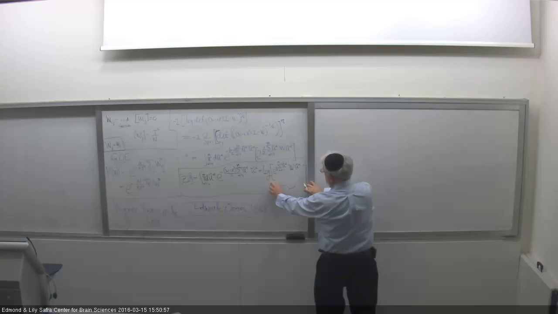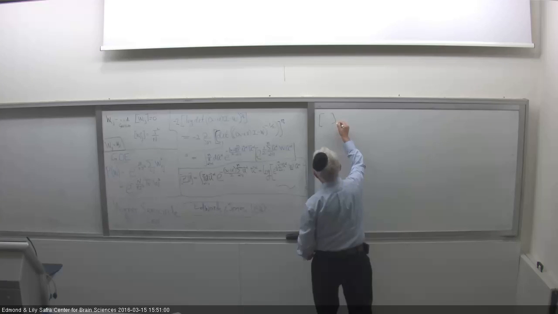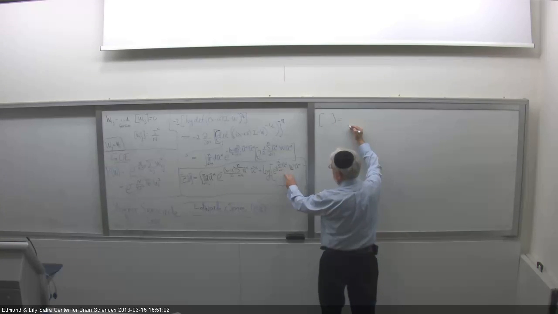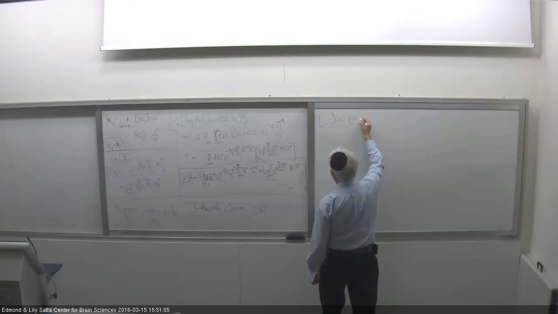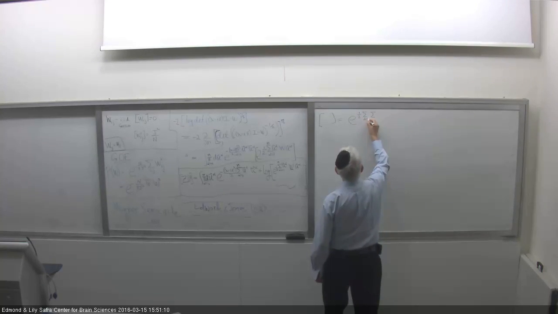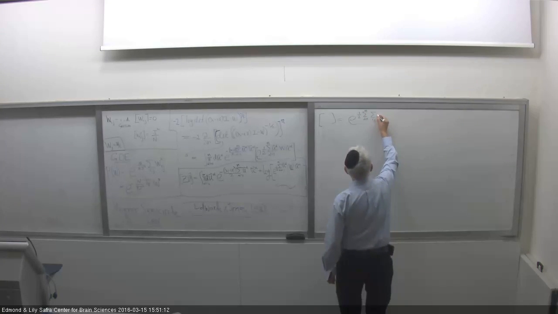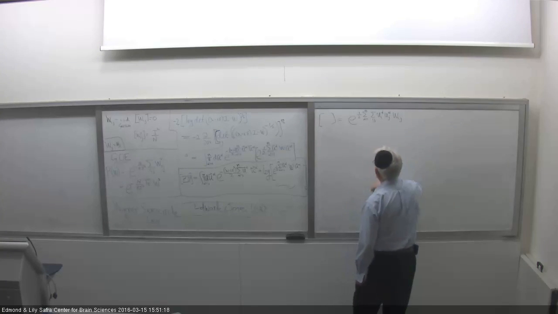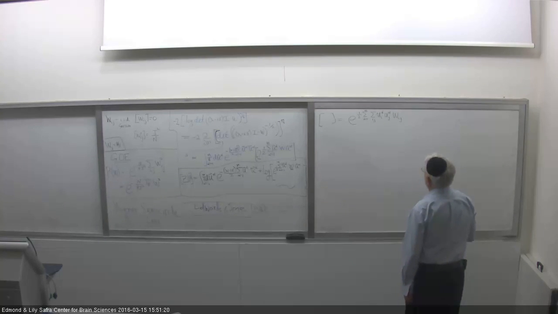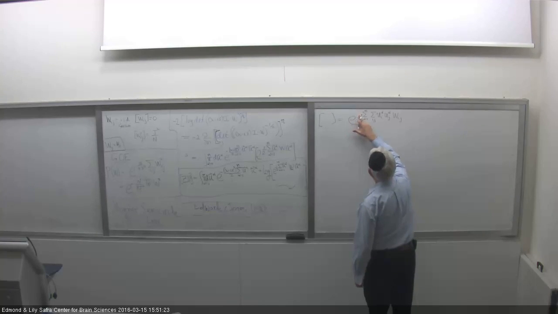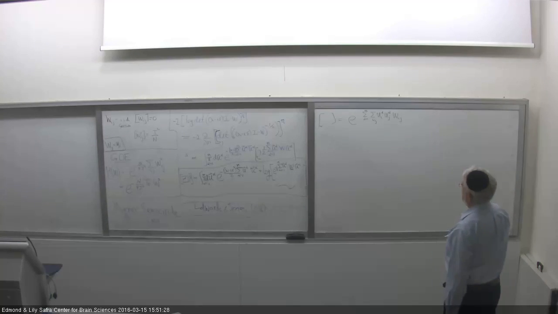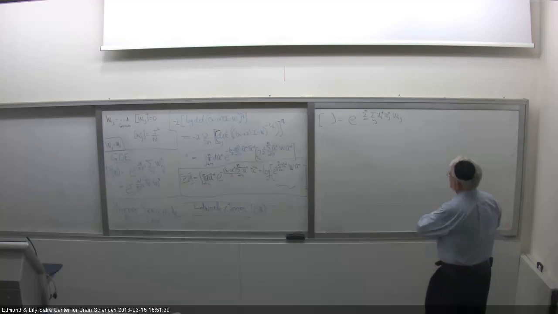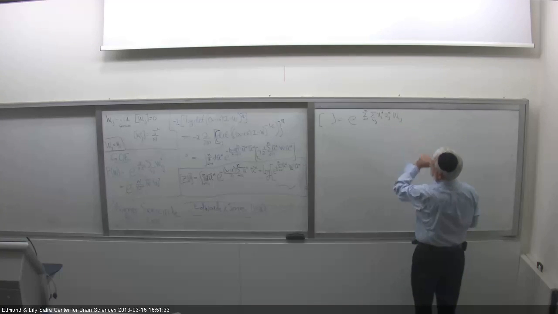So I want to do this average over W. I can write it down explicitly as e to the 1/2 sum over alpha from 1 to little n, sum over i and j of ui alpha, uj alpha times Wij. Or I can get rid of the 1/2 and put i less than j. The reason is that each one of these is an independent variable.